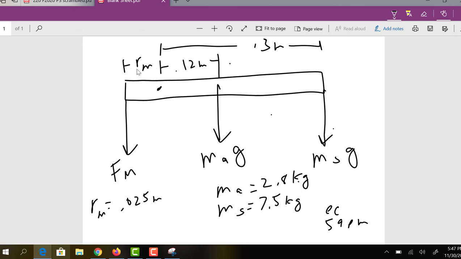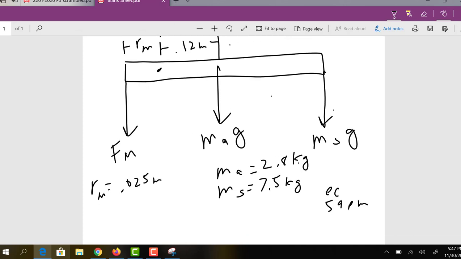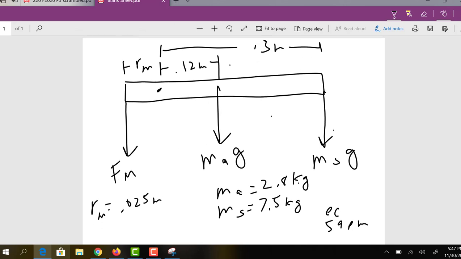And here's the distance from the pivot point over to where the muscle is acting. So all the torques are balanced. The torque from the weight of the arm and the torque from the weight of the shot put, making it go clockwise, are balanced by the torque from the muscle, making it go the other direction.